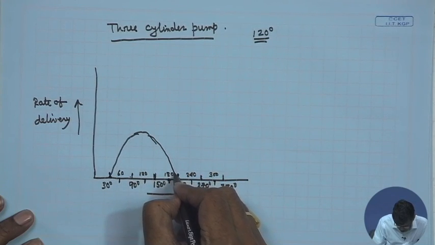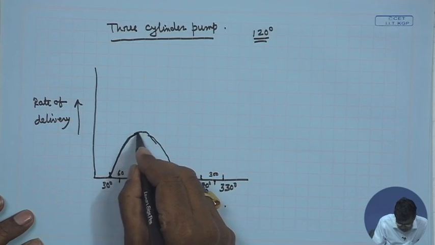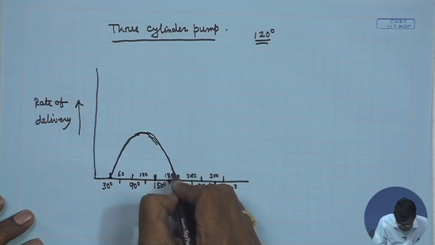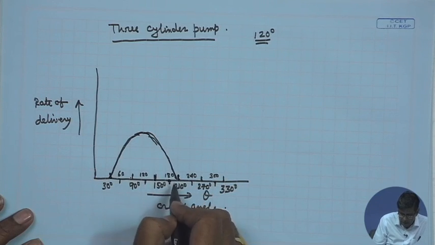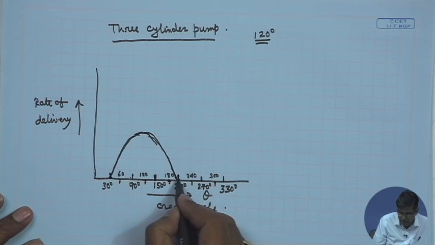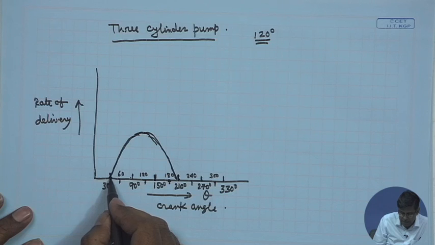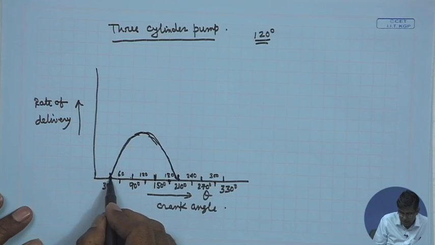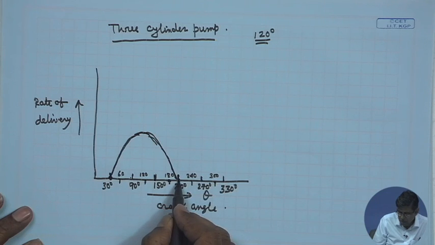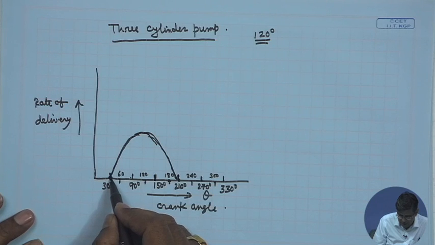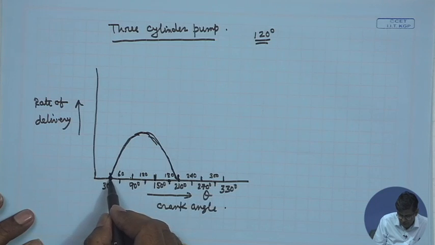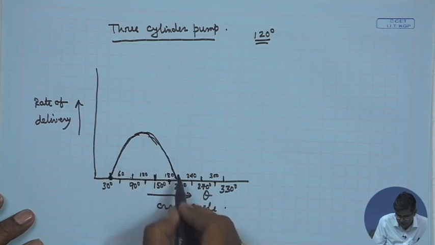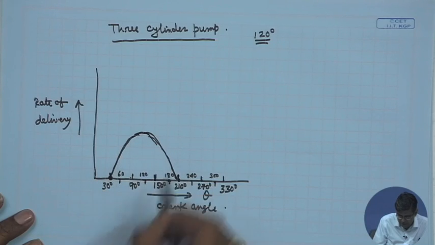Let us consider this as the discharge profile as we have already studied for one cylinder, which starts here at 30° crank angle as the first stroke, that is the delivery stroke, and ends at 210°, and gives the discharge like that.